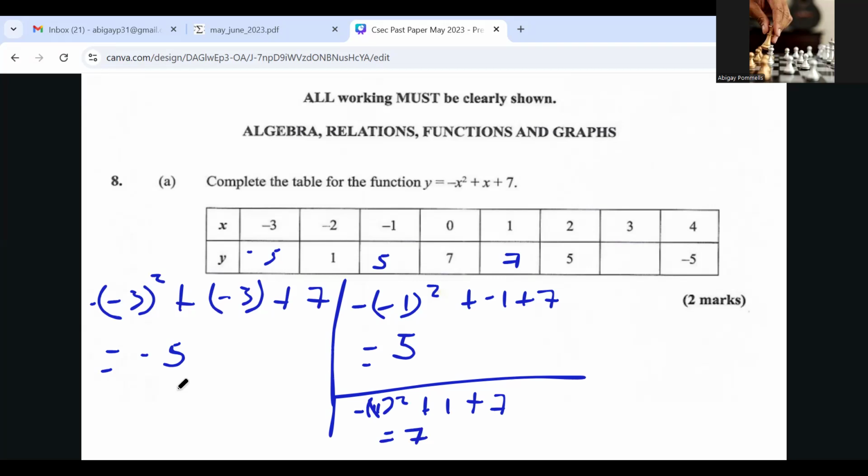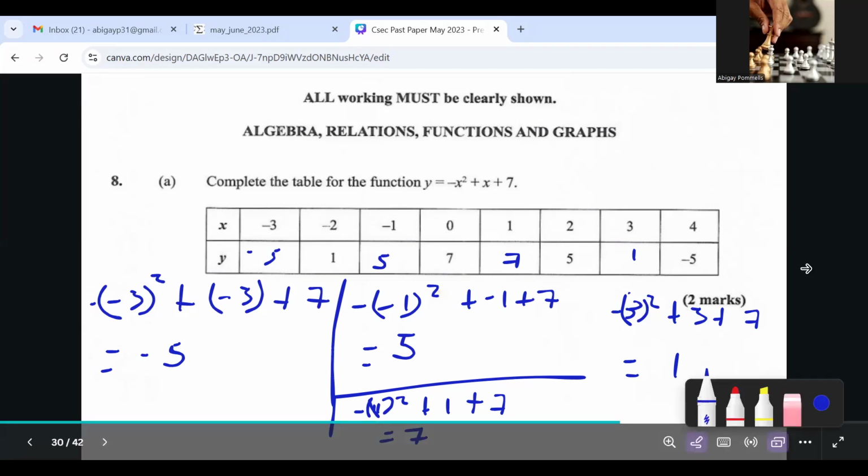The last one will be negative 3 squared plus 3 plus 7 will equal 1. And that is it. All right, so let's move on.